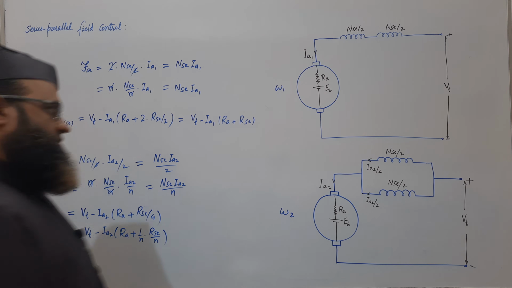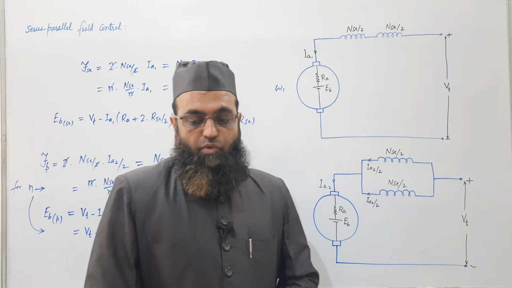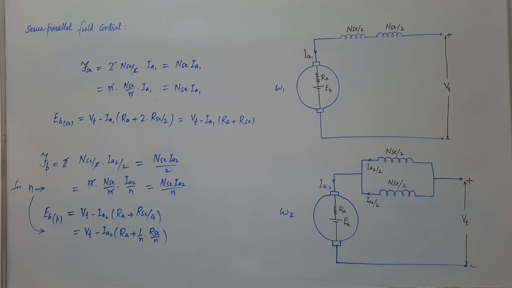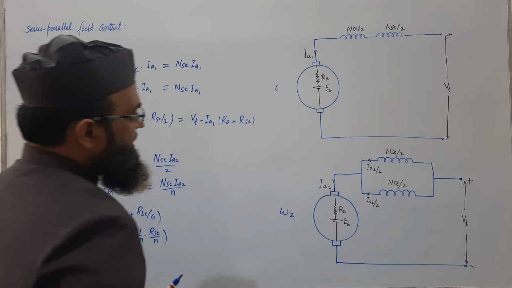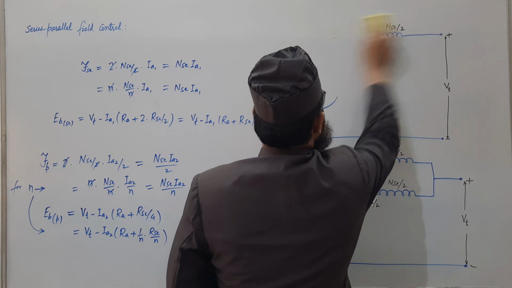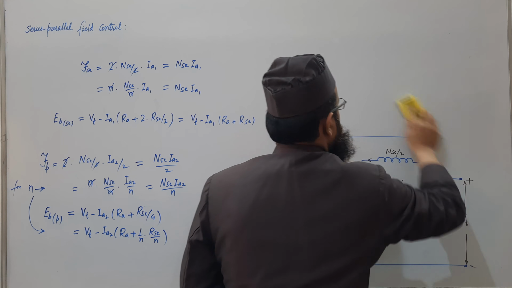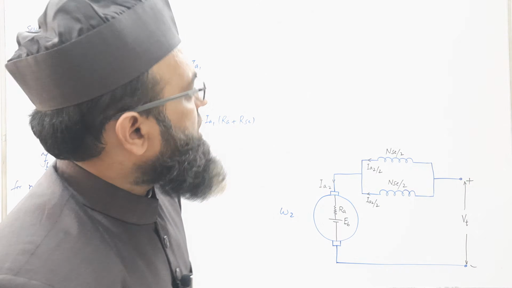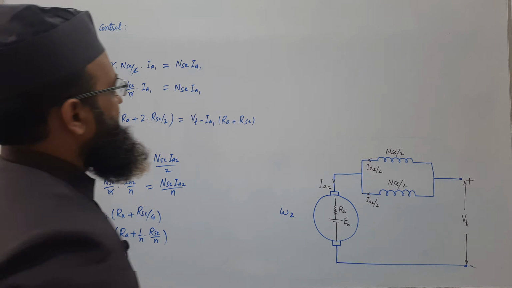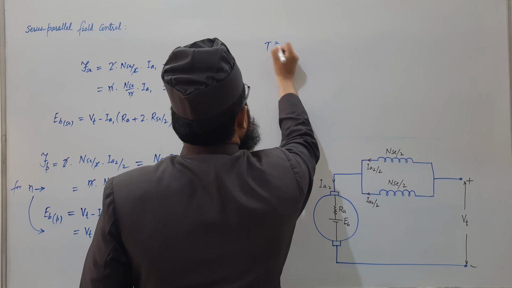Fine. In order to solve problems based on this method, we may derive two important equations, again using the two equations of torque and back EMF. Let us start with torque.